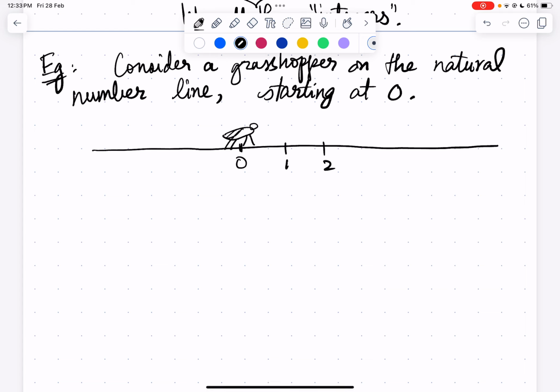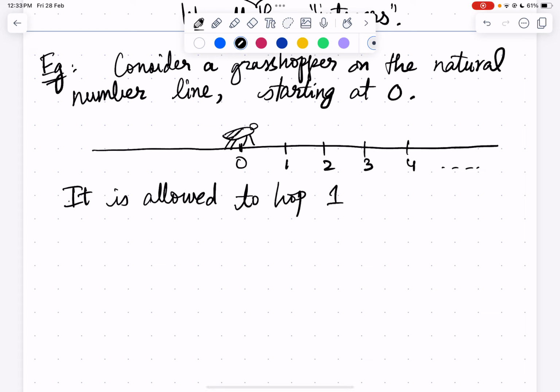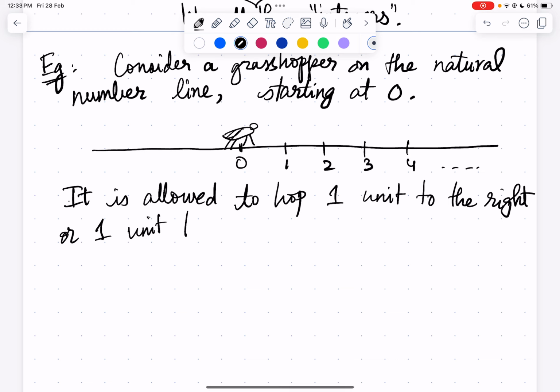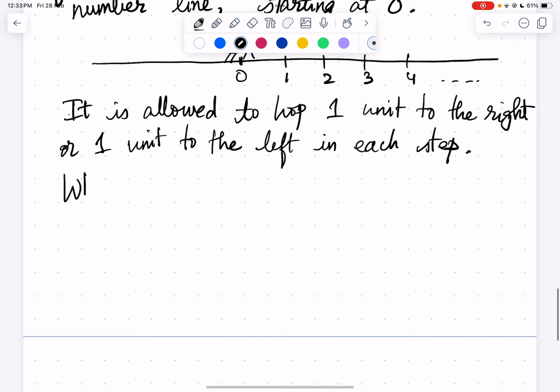This is the natural number line. It is allowed to hop 1 unit to the right or 1 unit to the left in each step. Now, what are the positions the grasshopper can reach?